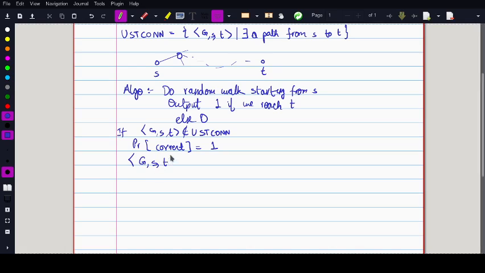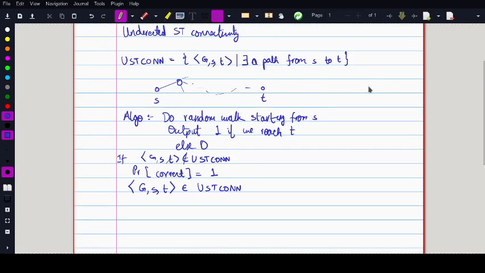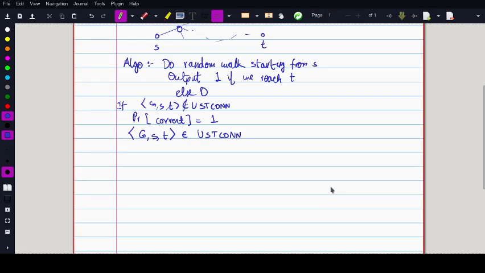So you know that there is a path from S to T, and you want to estimate how long your walk should be. The first thing to note is that I'm going to present a theorem which I will not prove here because it would take quite a long time.